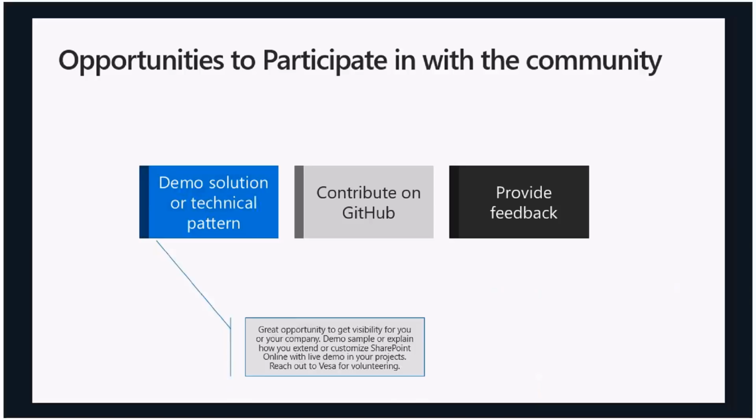You can also contribute on GitHub by doing pull requests and modifications on the stuff across the SharePoint GitHub organization, which is really popular. The visitor numbers on GitHub are increasing quite fast. And then you can provide feedback. By feedback, we mean social media, the issue list, whatever channels to give us feedback around SharePoint development.